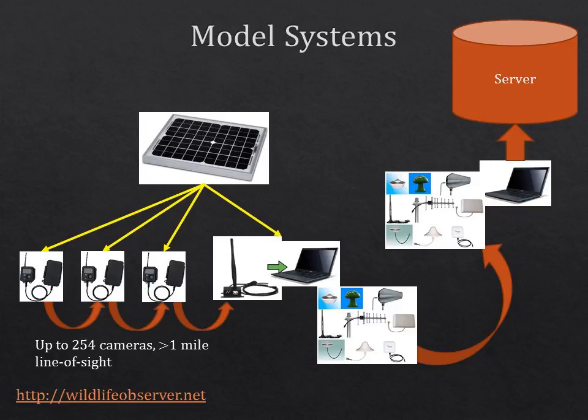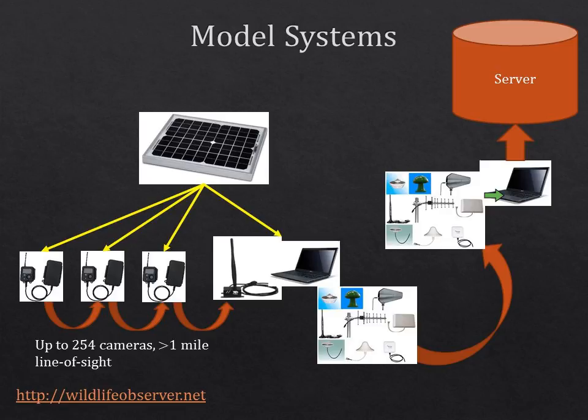So the images are transmitted to a base station. That base station has its own Wi-Fi antenna to send it to some kind of home station. If you were on a preserve, this could be the home office.